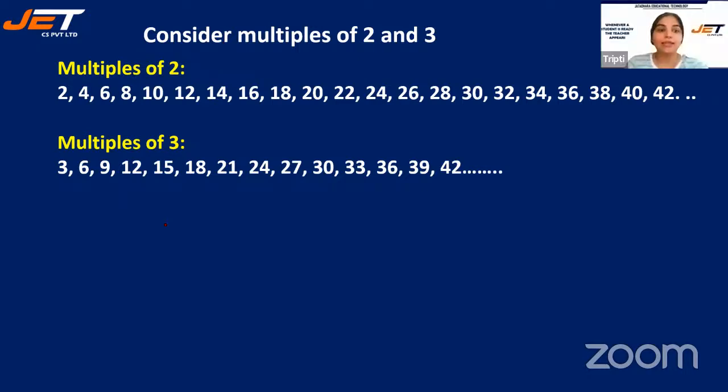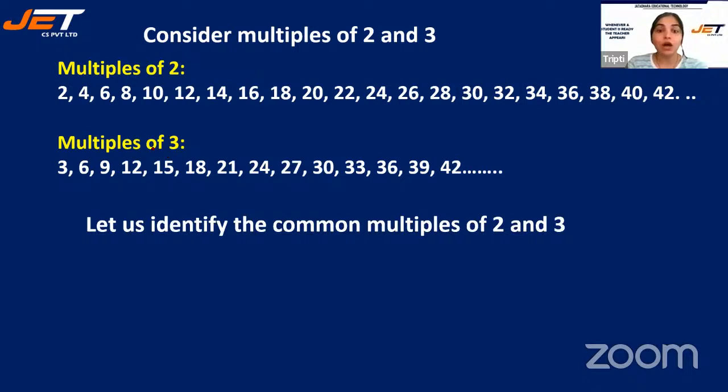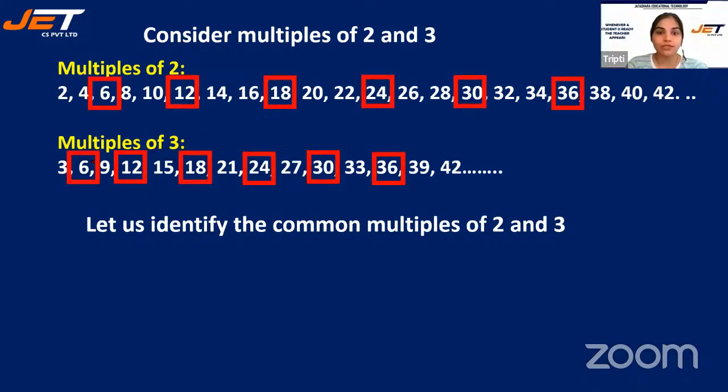Okay. So let's see here. The common multiples of 2 and 3 means the multiples that you see commonly in both of these. So here I can see that the common multiples are 6, 12, 18, 24, 30, 36, 42, and so on. This will keep on going. These are the common multiples.